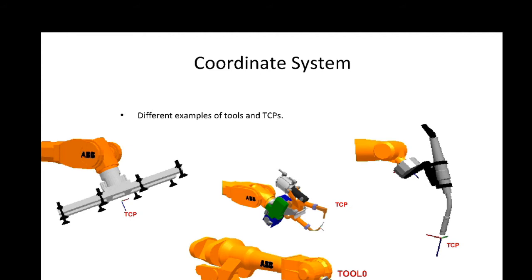And here you have how you can teach the tool to the robot. The picture represents the same. This is the procedure of tool defining. Just see the basic screens and basic things.